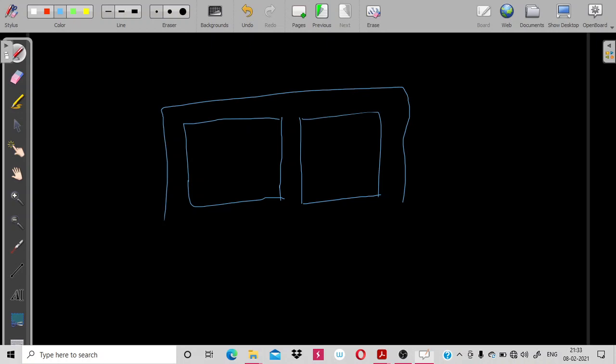The same three-dimensional structure I am taking, and it is again made up of iron material, an iron frame, you can say.